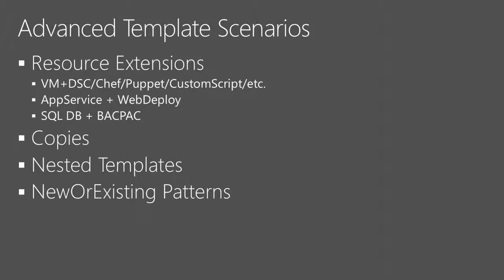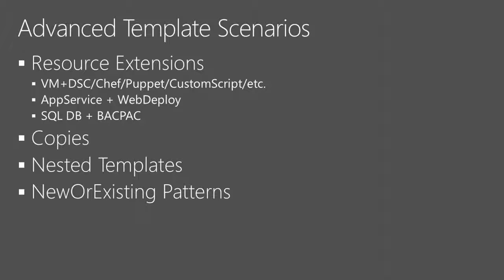The next advanced scenario is copies, which in many cases, when we look at applications at scale, you're doing many, many things very repetitively, whether it's how you create a VM or how you connect that VM to a virtual network. We don't want you to have to explicitly perform or express that many, many times over and over again in your template.